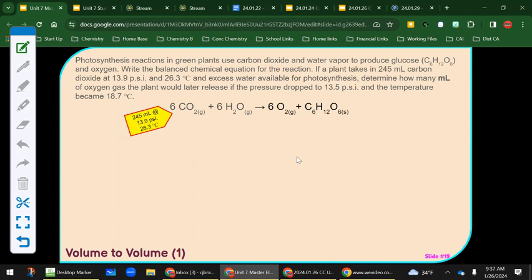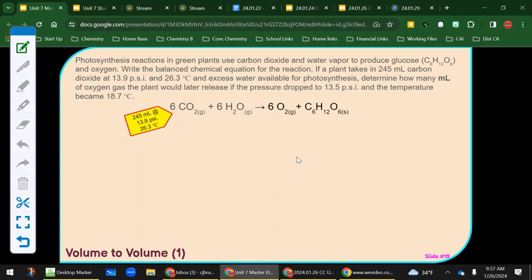What am I given? 245 milliliters of CO2 at 13.9 psi and a temperature of 26.3 degrees Celsius. What can I get from these 3 things, ladies and gentlemen? From this volume, this pressure, and this temperature? I can get moles from that. I'm going to use that to get moles.